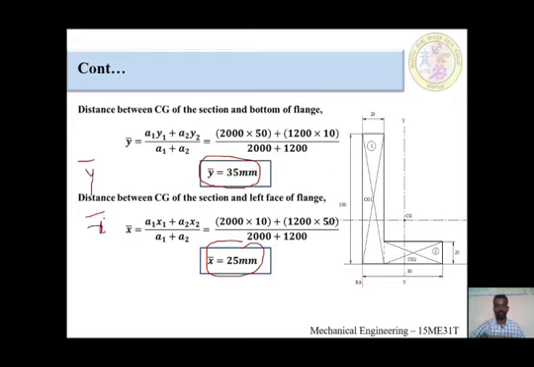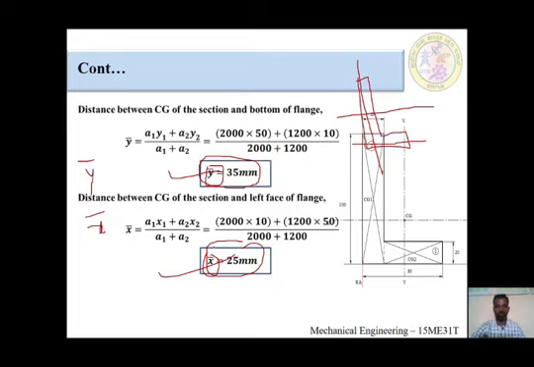Why do we have to solve both x bar and y bar in the L section? Because the L section is not symmetrical about both axes. It is not symmetrical about the x axis, and it is not symmetrical about the y axis. For that reason, we have to calculate y bar and x bar separately. I think up to here you would have understood.